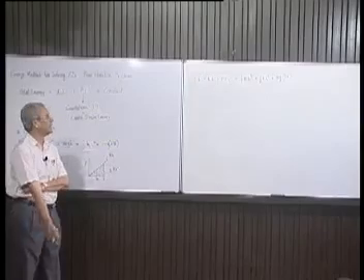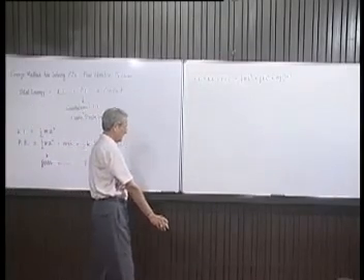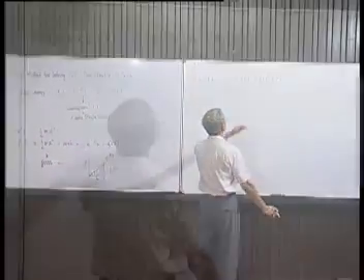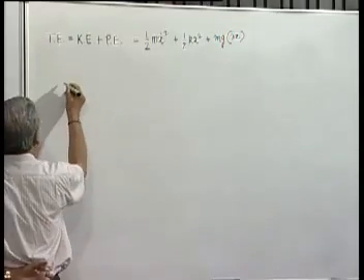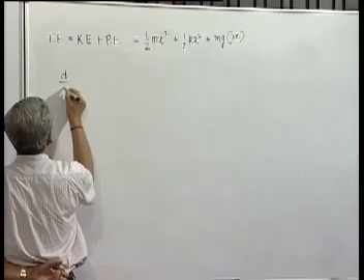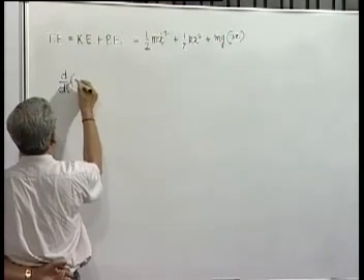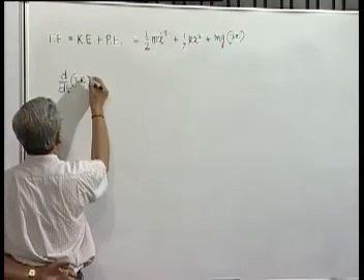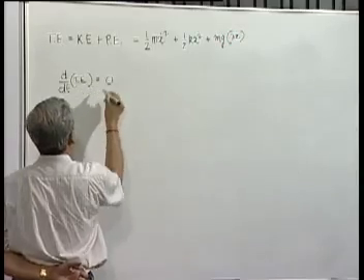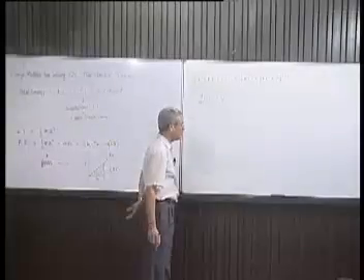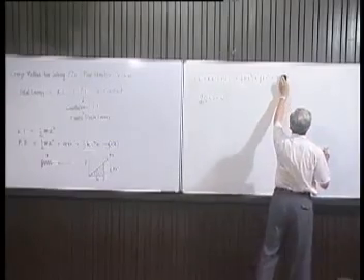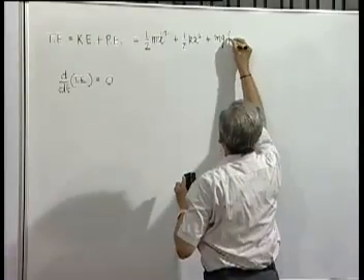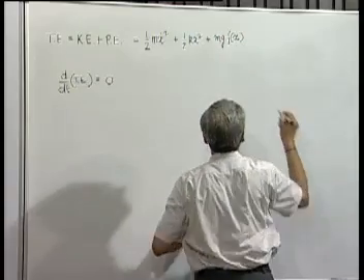Now we will see that there are two possibilities. We can do one thing, that d/dt of total energy is equal to 0. That is one approach. That means differentiating this, and remember that in most general situations this may be a function of x.